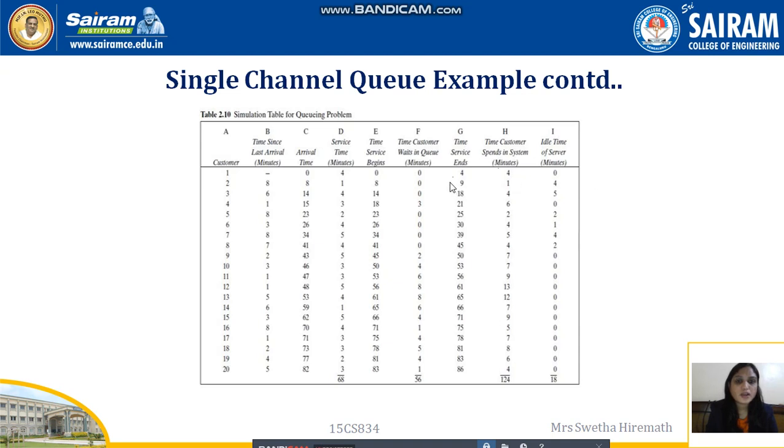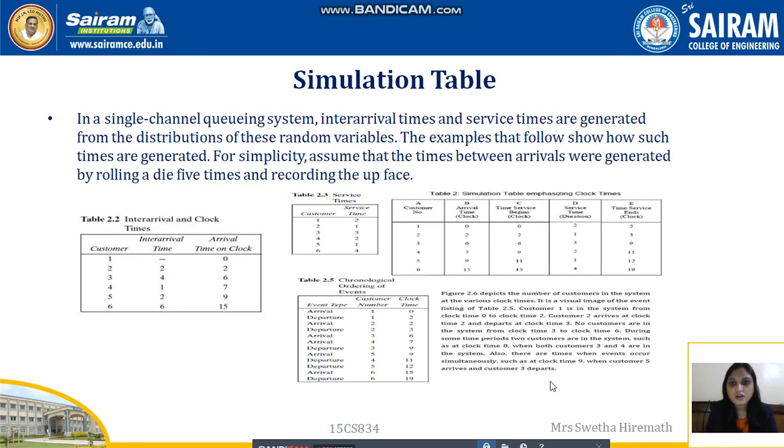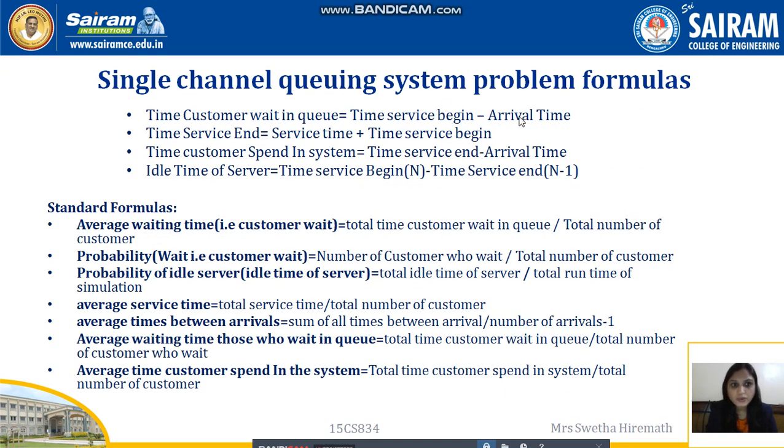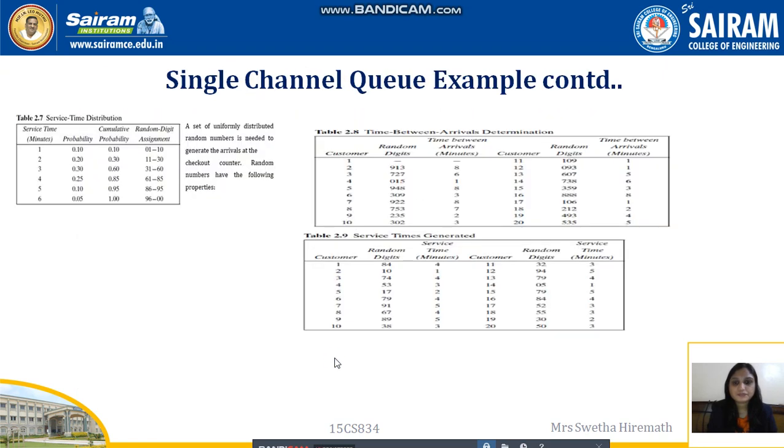So these two values we'll be considering, and we'll be getting the idle time of the server here, and at the last we are going to add everything and sum it up. Then according to these equations and formulas, we are going to substitute the values and we'll be getting the results.